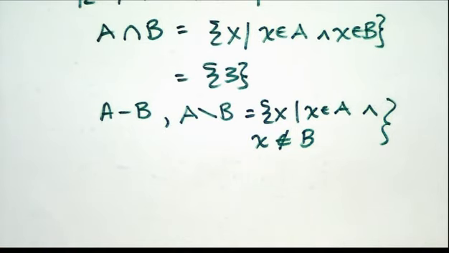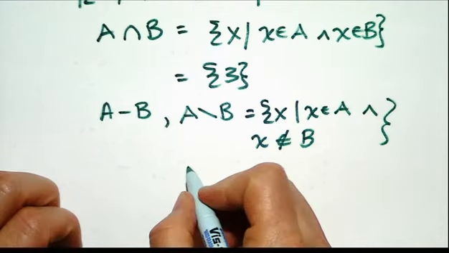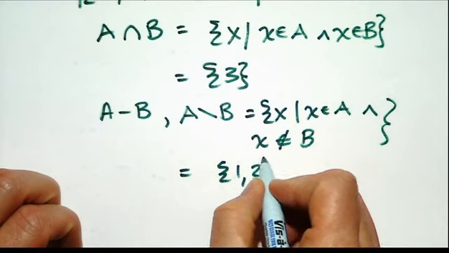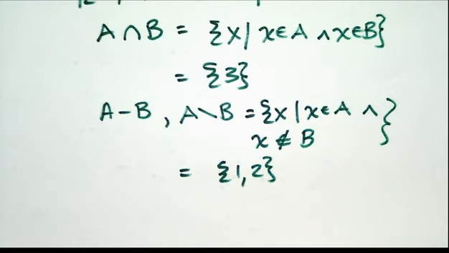So that's basically A and not B if we use our logic notation. So in our previous example, that would be the set containing 1 and 2. So the results of set operations are new sets. So if I ask you, what is A minus B, you need to put curly braces and then list the elements and put ending curly braces because it is a set. The result is a set, not just a list.